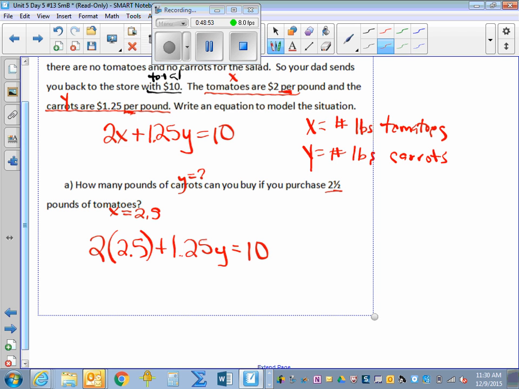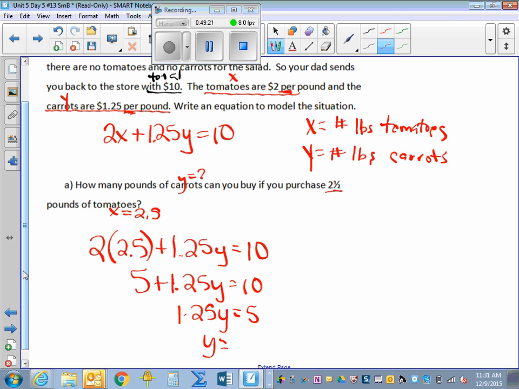Simplifying from here, 2 times 2.5 is 5, plus 1.25 Y equals 10. Subtract our 5 over, we get 1.25 Y equals 5, and then divide by 1.25. Y equals 4.